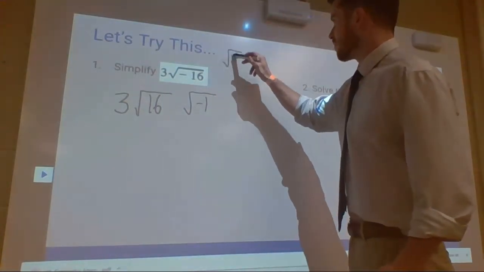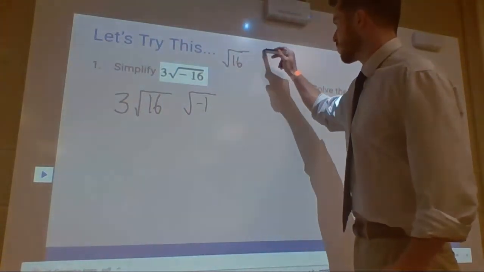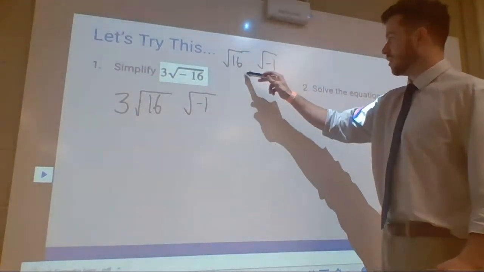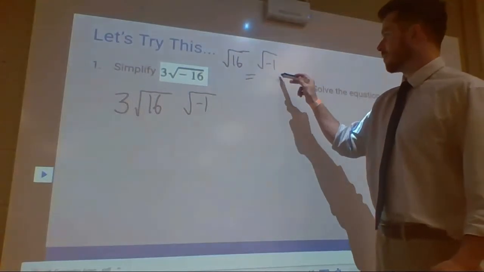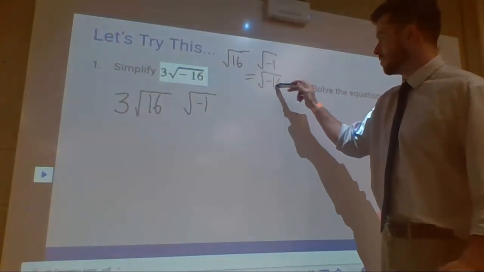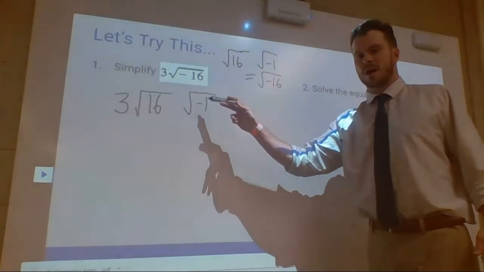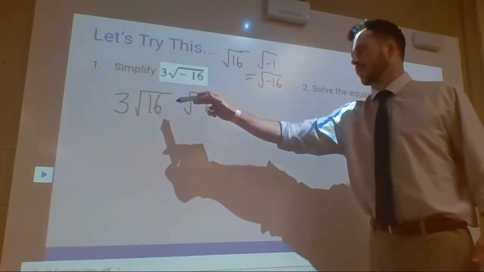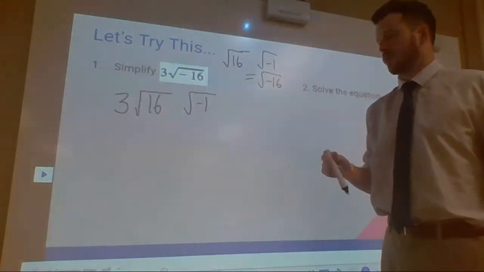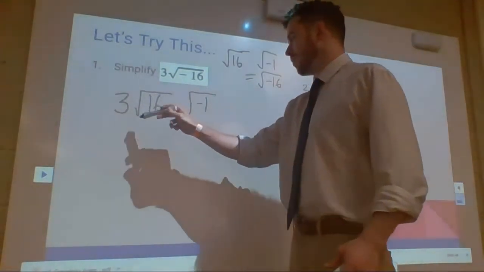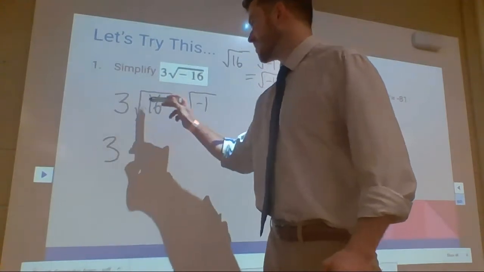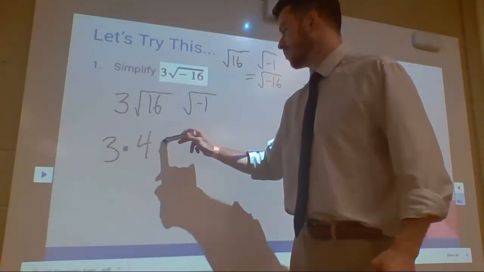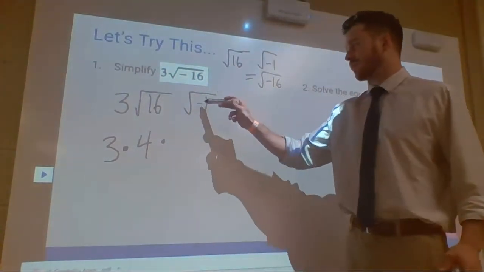Because the square root of 16 times the square root of -1, since they're both under a square root, you can combine them and get the square root of -16. But what we're doing here is actually the opposite of it. We are breaking the square root of -16 apart into the square root of 16 times the square root of -1. So 3 times the square root of 16 is 3 times 4, and then we're multiplying that times the square root of -1.